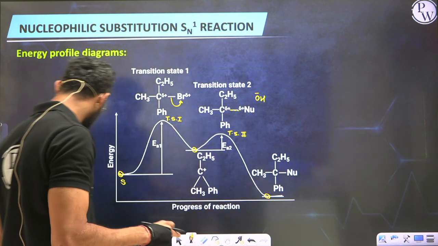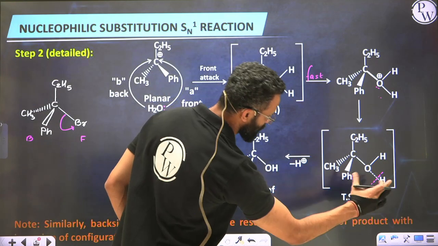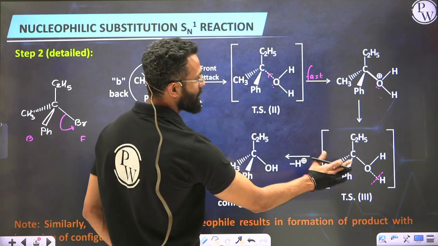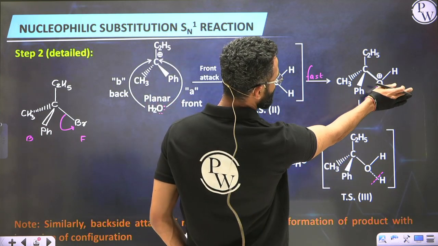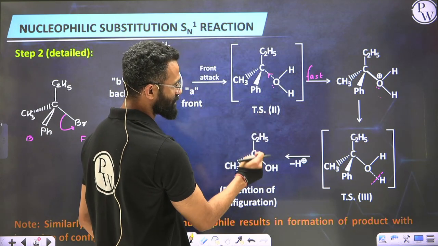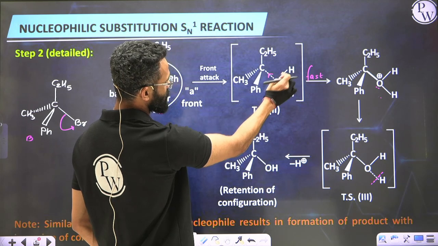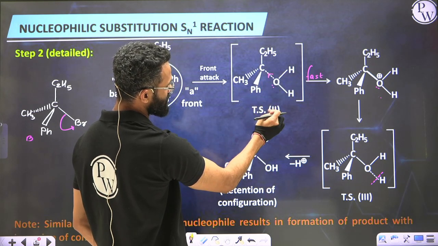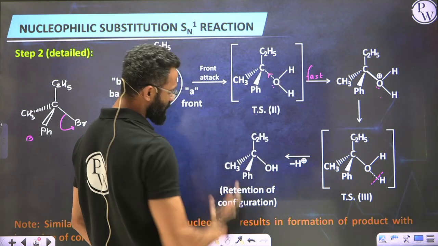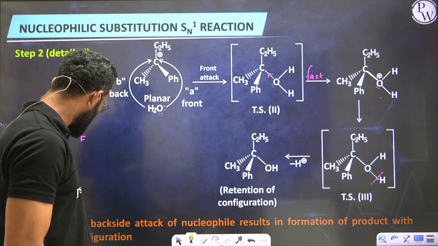Let me show you that. For this deprotonation, we got this extra transition state. Imagine if instead of water the attack had been only from OH, you would have directly got this as the product after transition state 2. So OH would have attacked, partial bond, transition state 2. Once this is permanently formed, you would have got the product. So depending upon what nucleophile is given, you have to mention that.